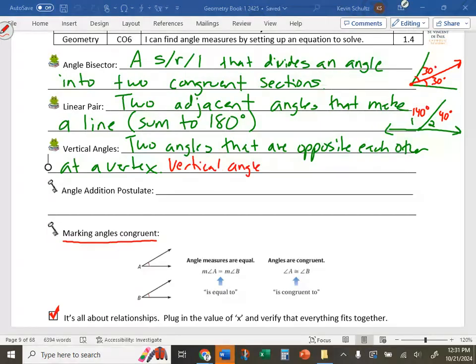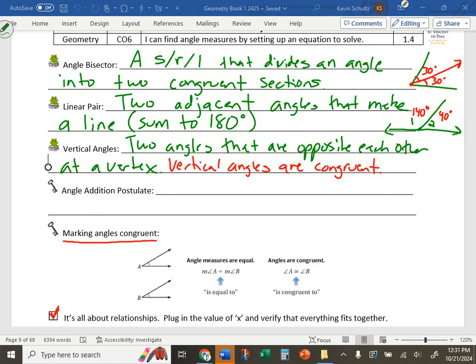Vertical angles are congruent. Vertical angles are congruent. Two angles that are opposite each other at a vertex, vertical angles are congruent.